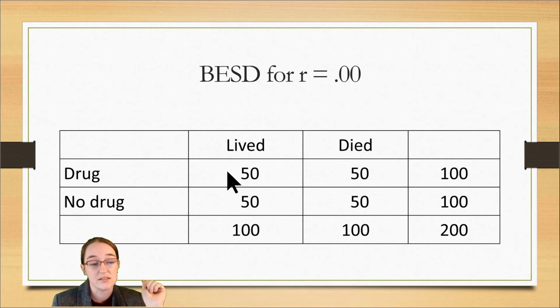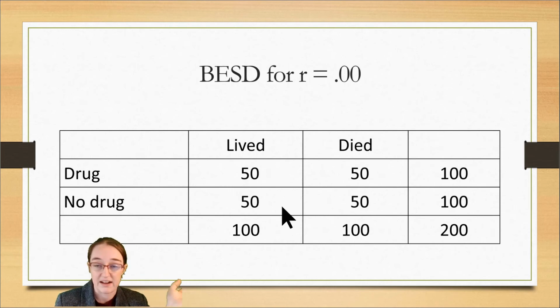Each of these cells has 50 people in it. So the drug had no effect. So 50 people lived who took the drug, and 50 people lived who didn't take the drug. Same way the other way. People who took the drug, 50-50. Out of 200 people, half live, half die.